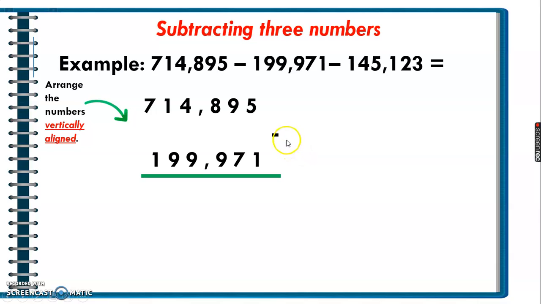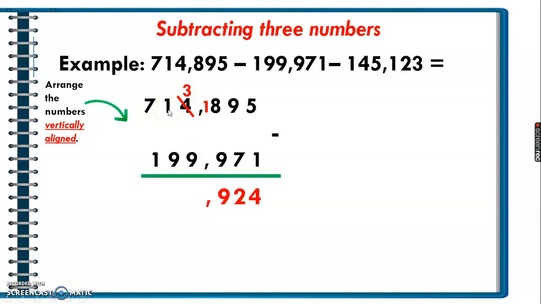So, okay, 5 minus 1 is equal to 4, and 9 minus 7 is equal to 2, and 8 minus 9 cannot be, right? So we can borrow from 4. 4 will be 3, and then 8 will become 18. So 18 minus 9 is equal to 9. And 3 minus 9 cannot be.